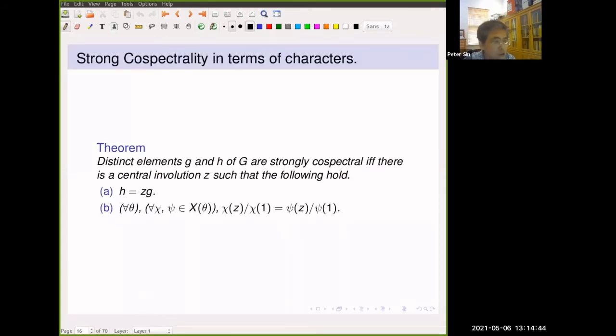Okay, so here's the characterization of cospectrality in terms of characters.